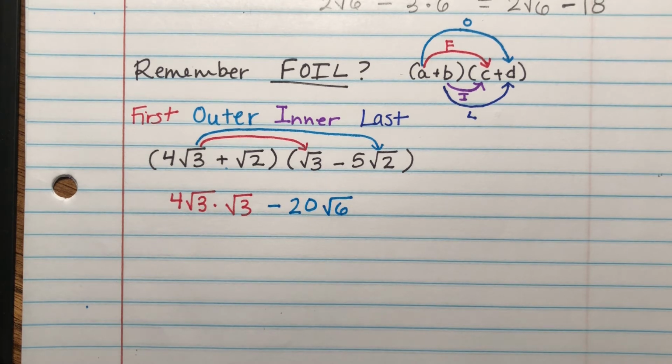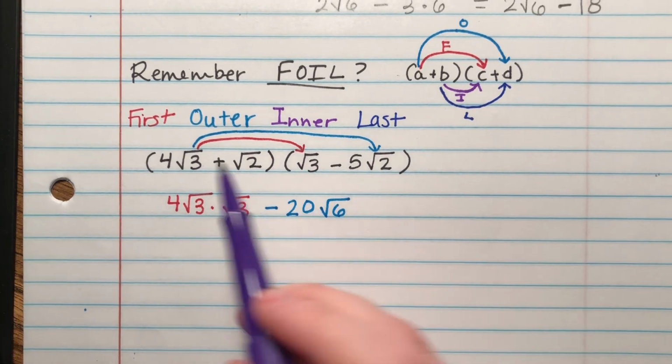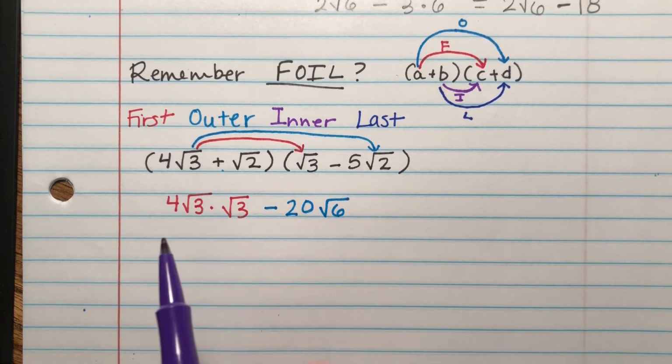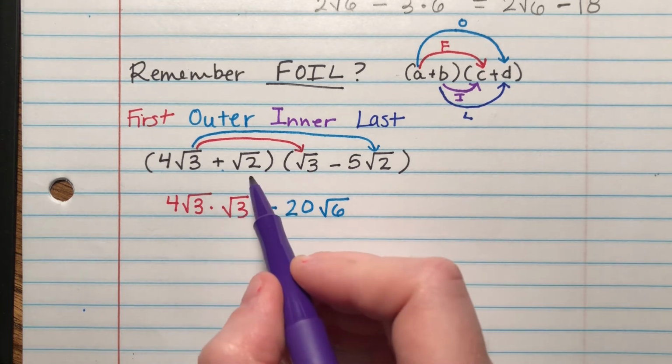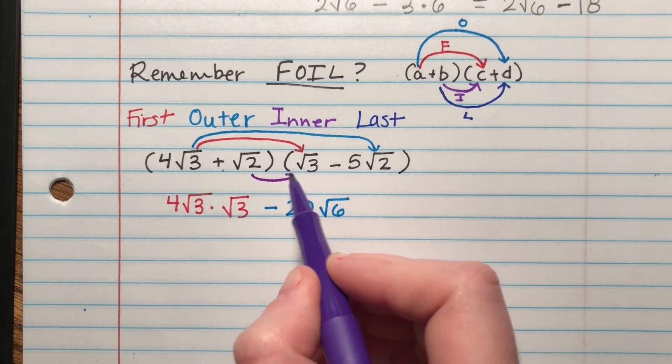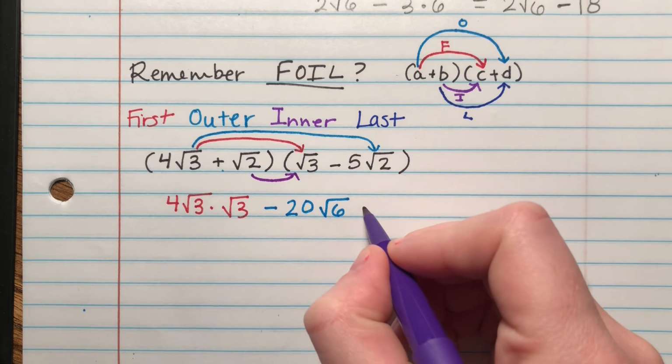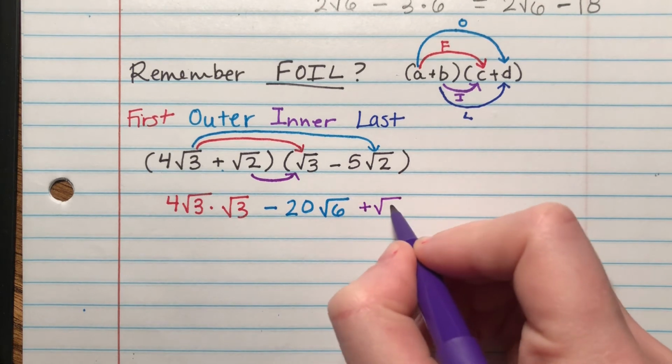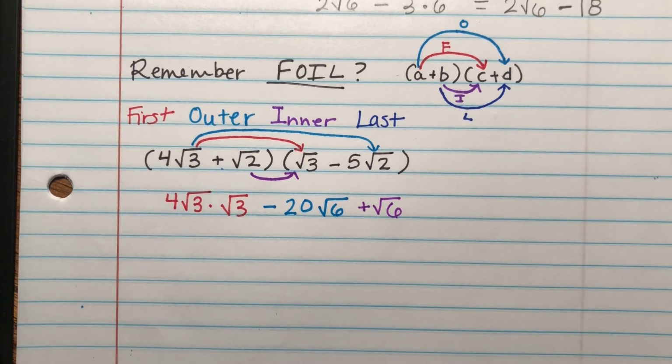Alright, now let's do our inner terms. So I have the innermost terms in my whole problem here. Square root of 2 times square root of 3 is just going to give me positive square root of 6. And then my last terms, which are going to be the last terms in each binomial.